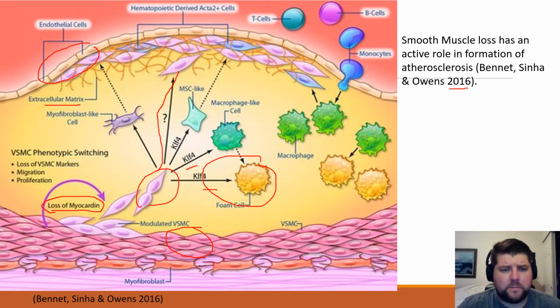And because this is happening in the arteries of people, it's very dangerous for things like heart attacks. These blood vessels are made up of smooth muscle, and so this is an interesting way to look at how heart disease starts.